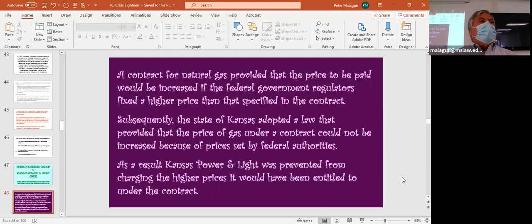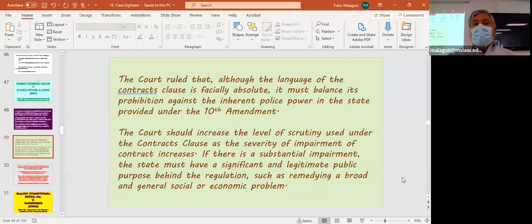The contract says if the federal regulators fix a higher price than is specified in the contract, the gas utility company can raise its price in a commensurate fashion. Sometime later, the state of Kansas adopts a law that says, no, the price of gas under a contract cannot be increased because a price is set by the federal authority. Kansas Power and Light challenges this, saying that it substantially interfered with the contract.